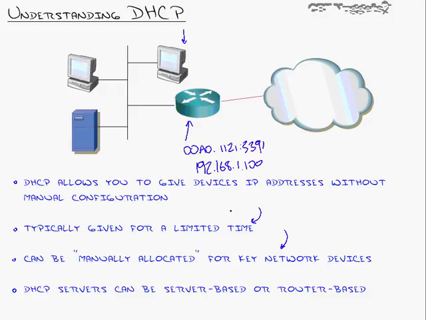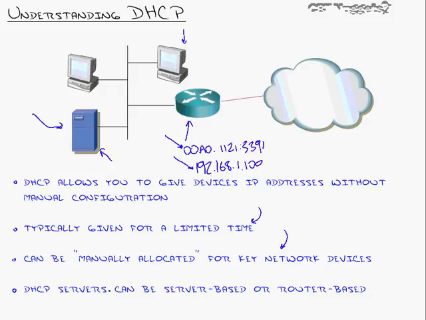Now, the benefit of doing that is you can go to even your servers and say, well, I don't want to manually put an IP address on them. I'll set them up for DHCP, but you don't want your server's IP address to change. So you can go to the DHCP server that's handing out those addresses and say, let's put in the server's MAC address and make sure that you give them that one. So it's a way of dynamically, manually assigning an IP address, manually giving one without manually typing it in.